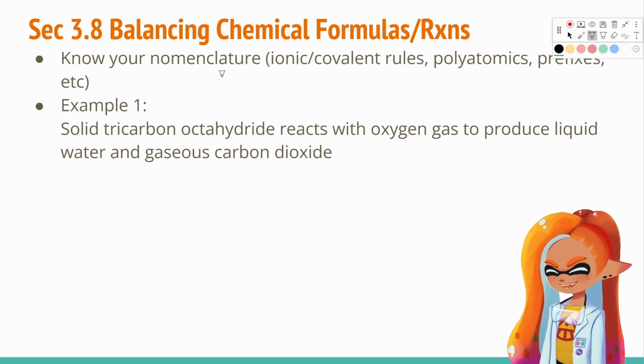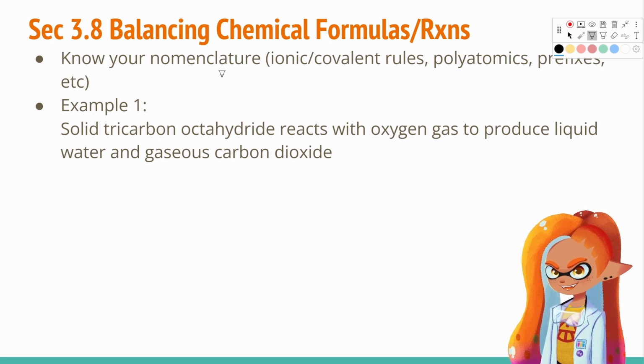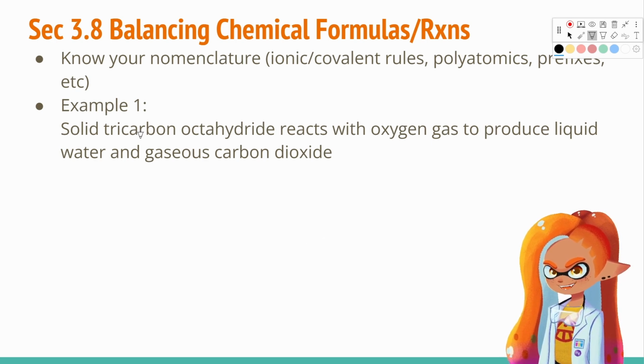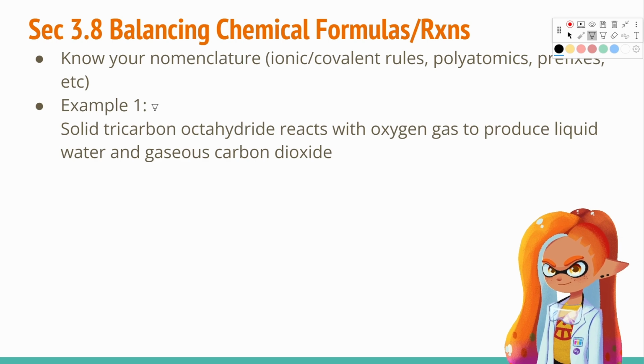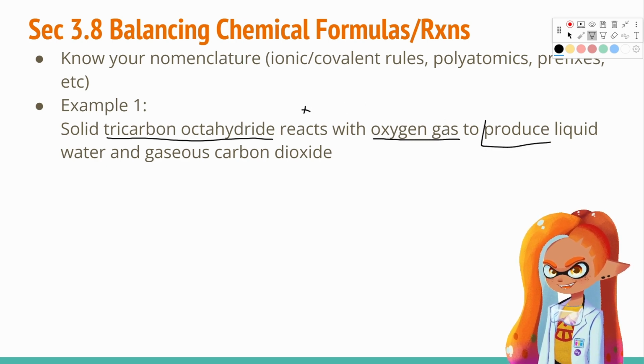So I will go ahead and underline each of the compounds mentioned in the problem to know what I am even writing in the formula. So I have tricarbon octahydride, it's reacting, and then we have oxygen gas, and then we're producing liquid water and gaseous carbon dioxide.